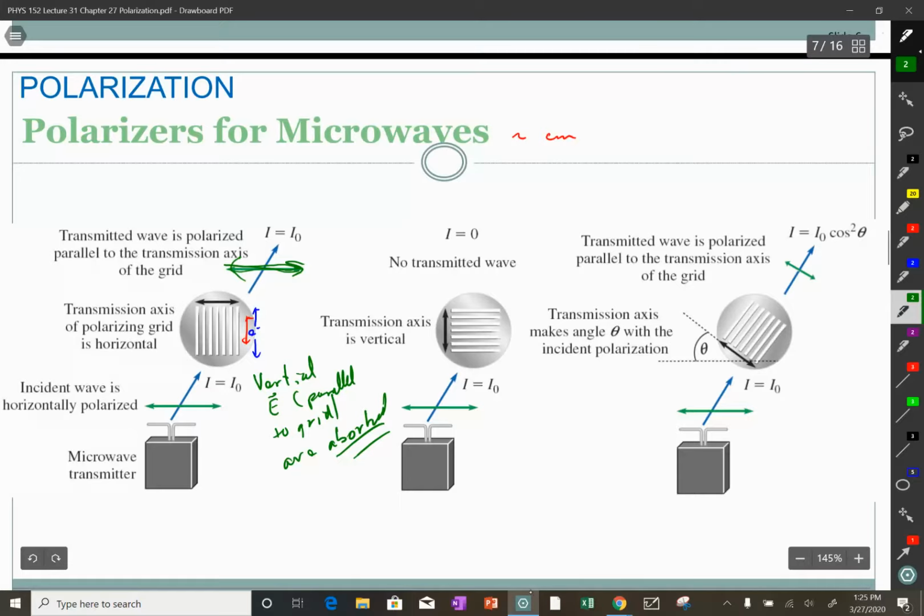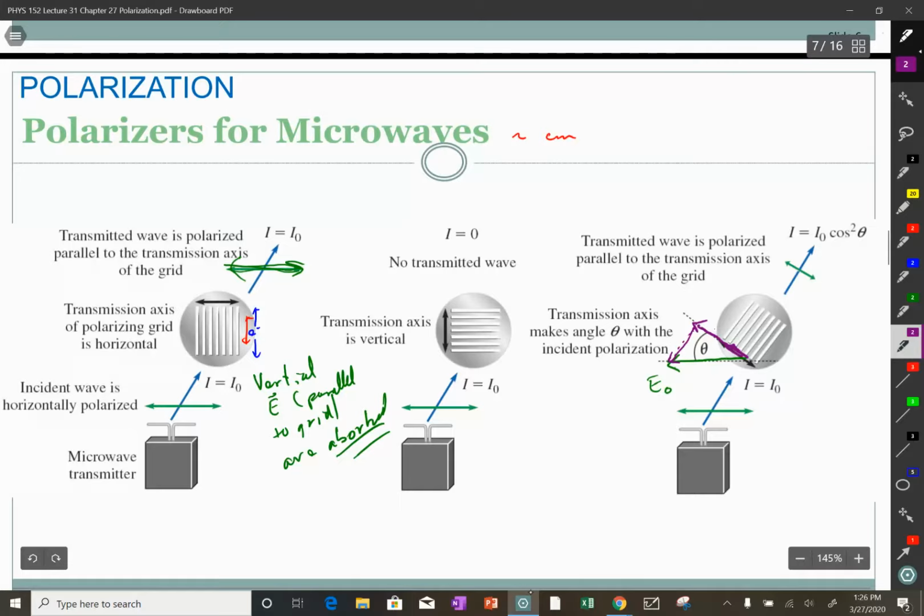And if we put it at some angle, then the electric field. So let's think about electric field first. If the electric field has an amplitude E0, and I want to break it into perpendicular components, one parallel to the direction that is allowed through, and one perpendicular, then the part that is parallel is the adjacent side to that angle.